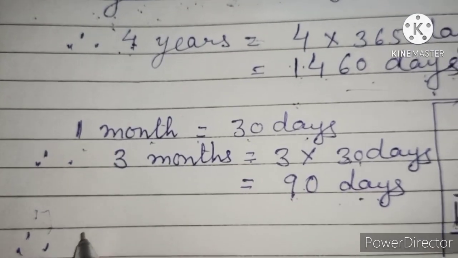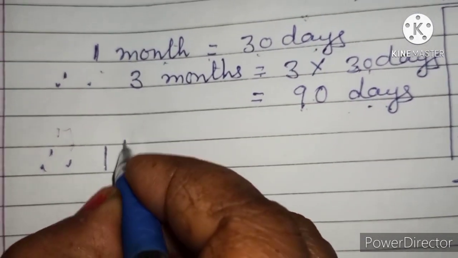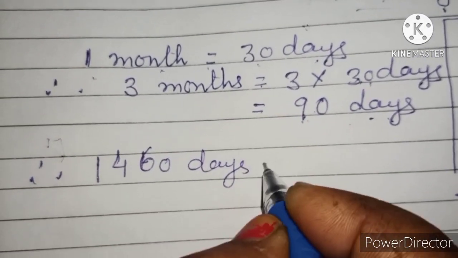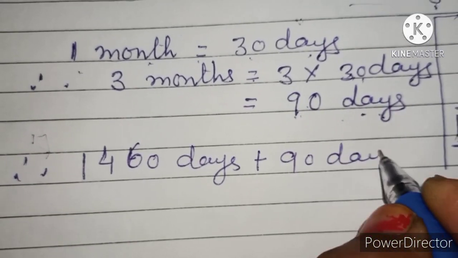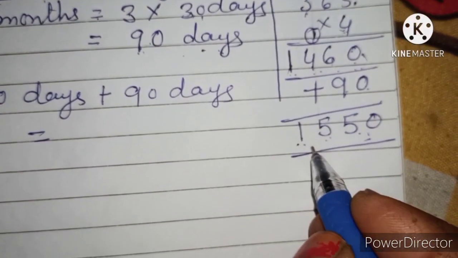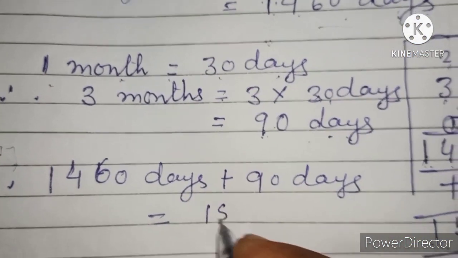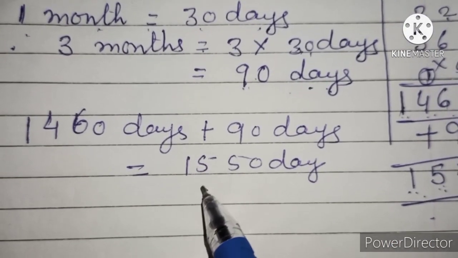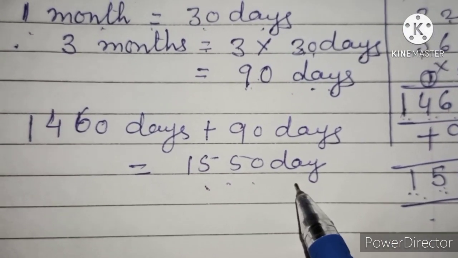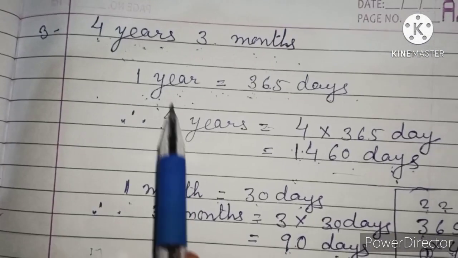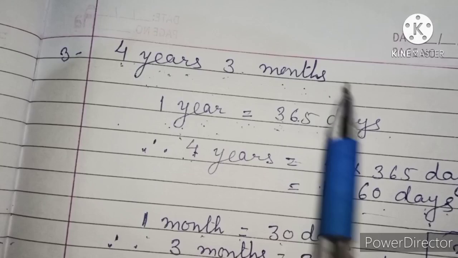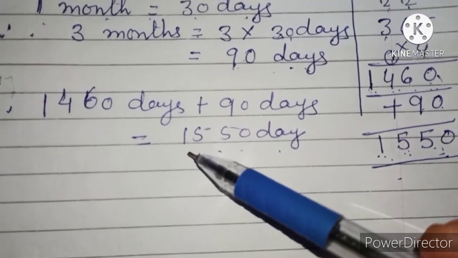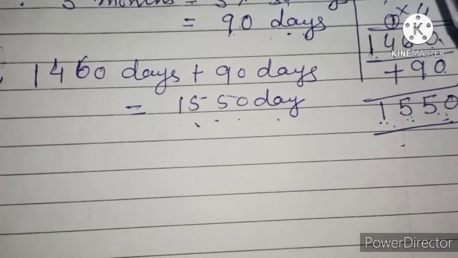So 1460 days plus 90 days is equal to 1550 days. The answer will be 1550 days. Okay. So 4 years 3 months has been converted into days. Okay. 1550 days.